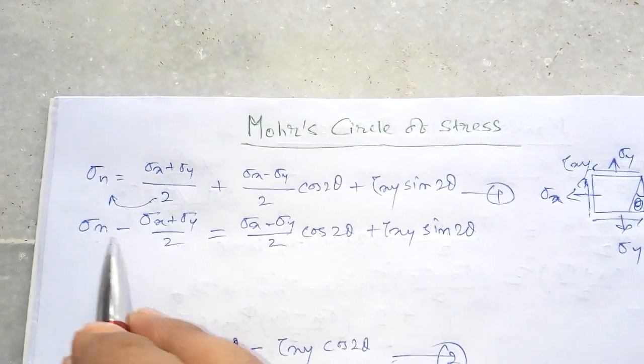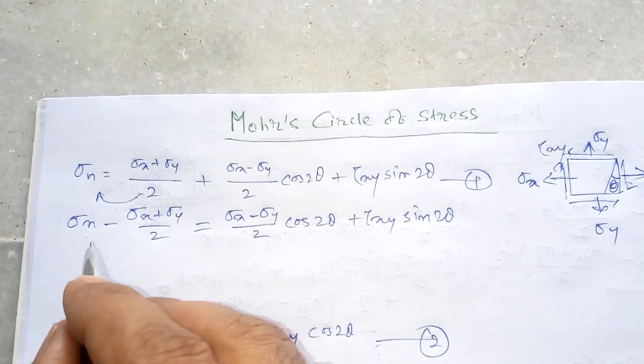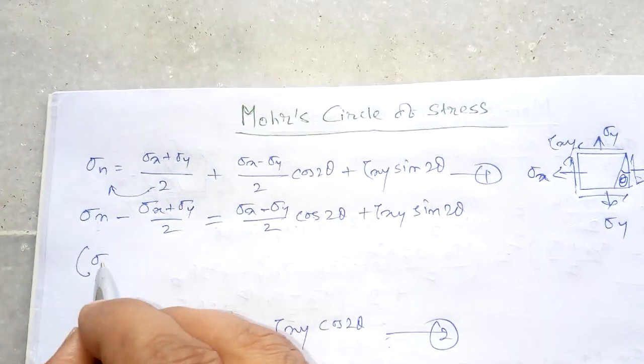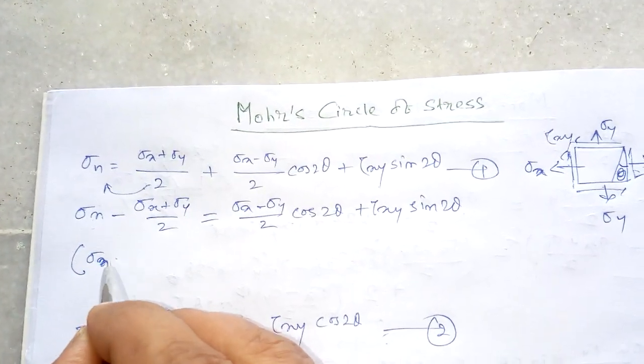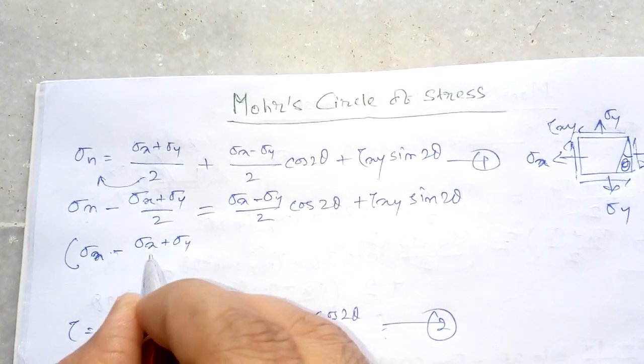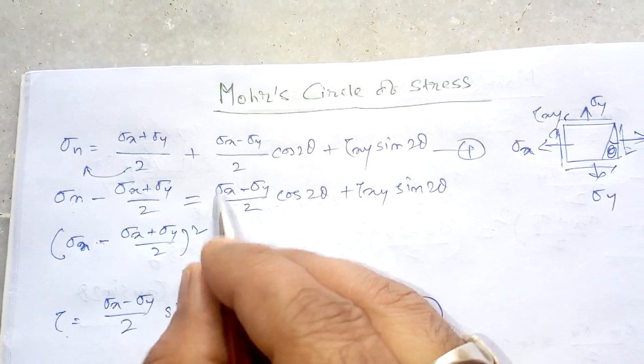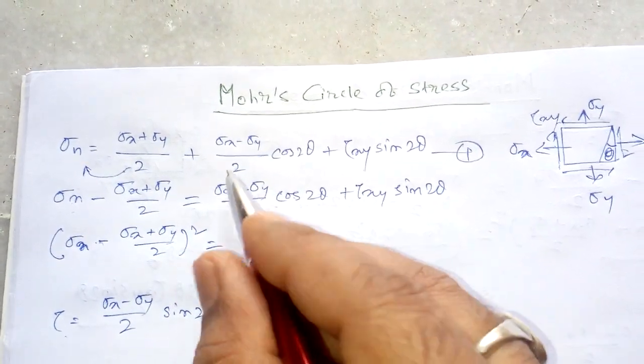Now suppose we are squaring this equation on both sides, so we will get sigma n minus (sigma x plus sigma y) by 2, whole square, and on this side this whole square.